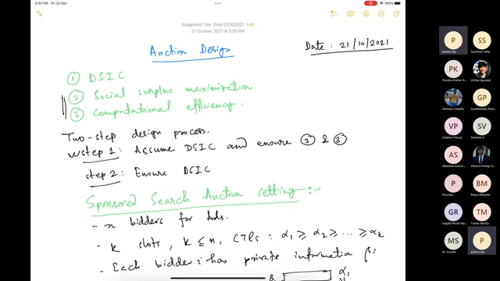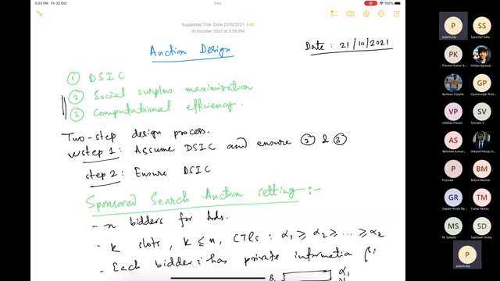The second property is social surplus maximization. The allocation should be such that the goods are divided so that the total amount of happiness is maximized. For a single item auction, the good should go to the person who values it the highest. And third is computational efficiency.